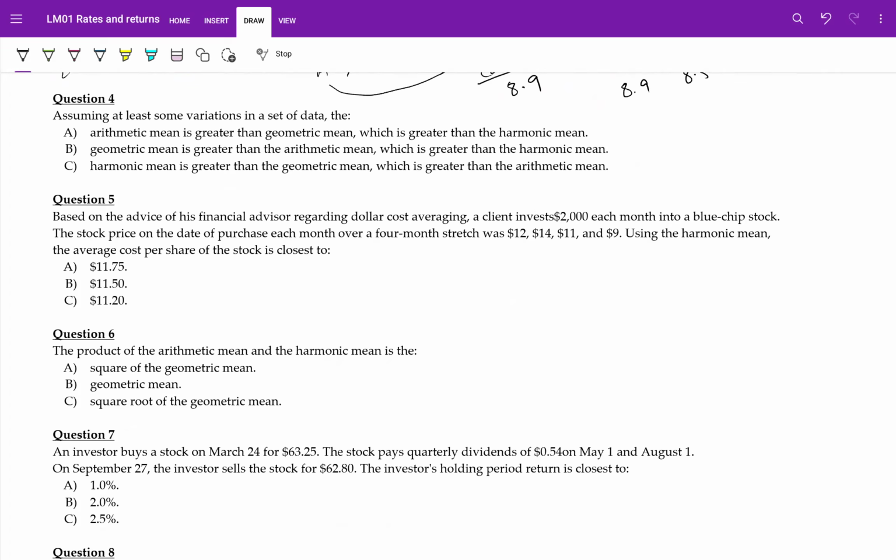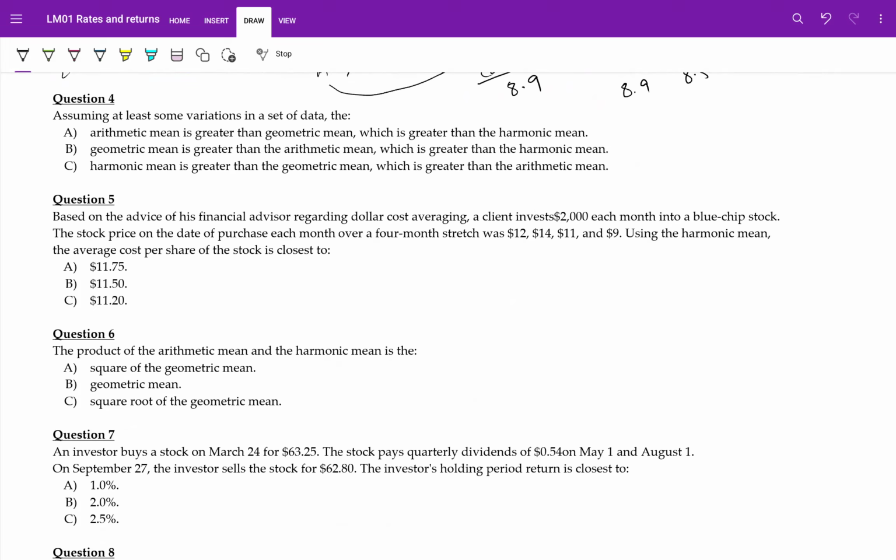Now let's move to question number 4. Question number 4 is about assuming some variation in a data set. There are statements here, and we have to choose the correct one out of these.